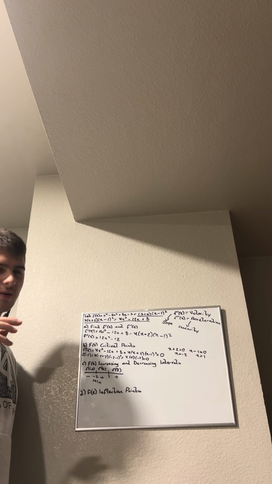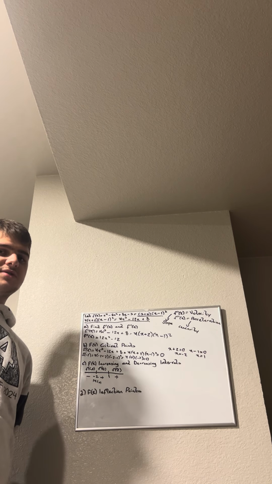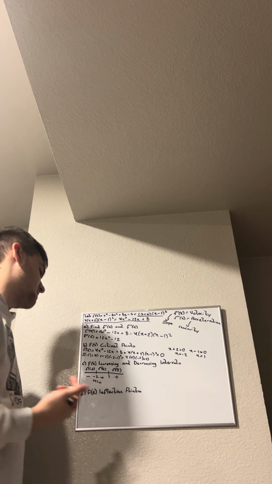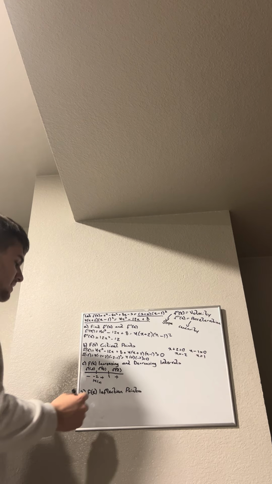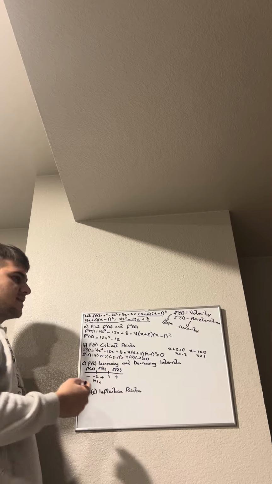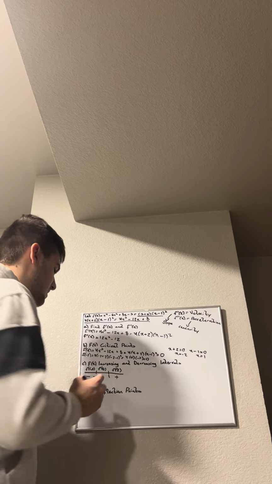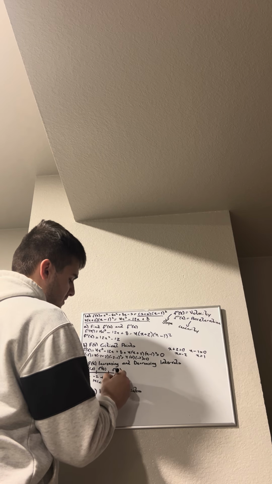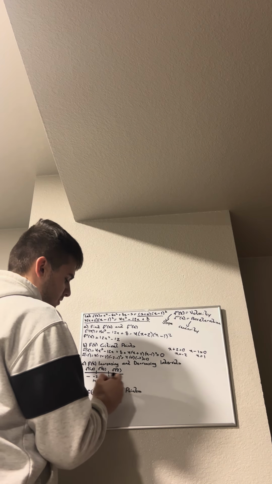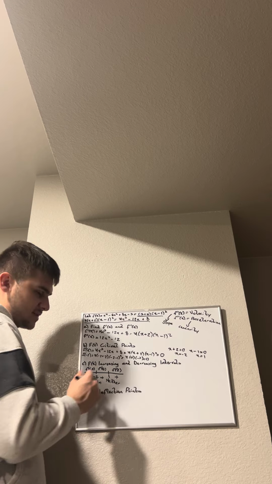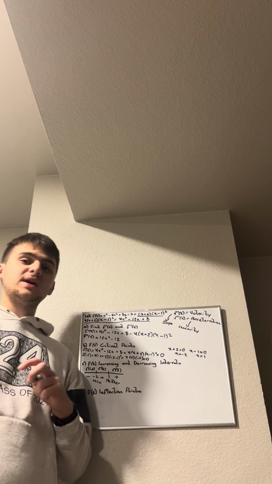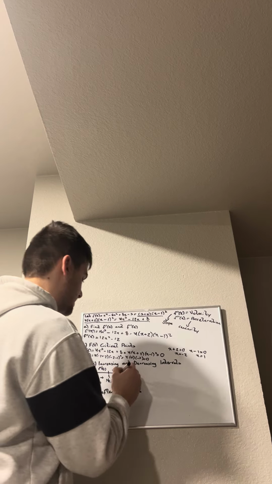But if it were the other way around, if it were increasing first and then you had a negative, that would just be a max instead. And if we have a positive and a positive, that would be neither a max nor a min, but it would mean that there would be a saddle over here, because when you have two intervals that have the same sign right next to each other, two negatives or two positives, it's always going to be a saddle.